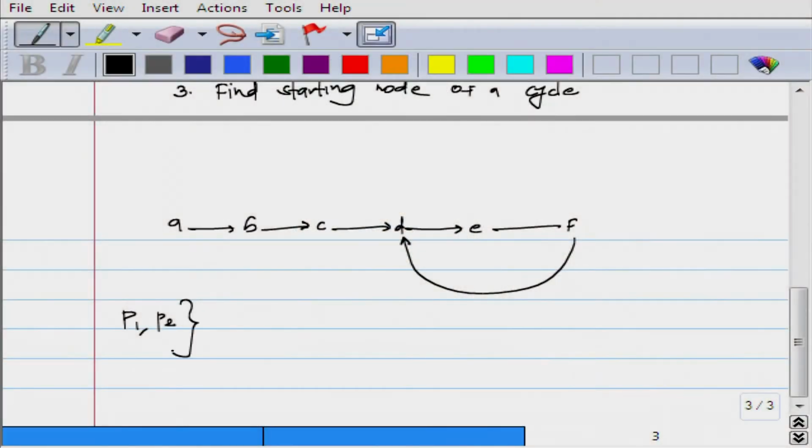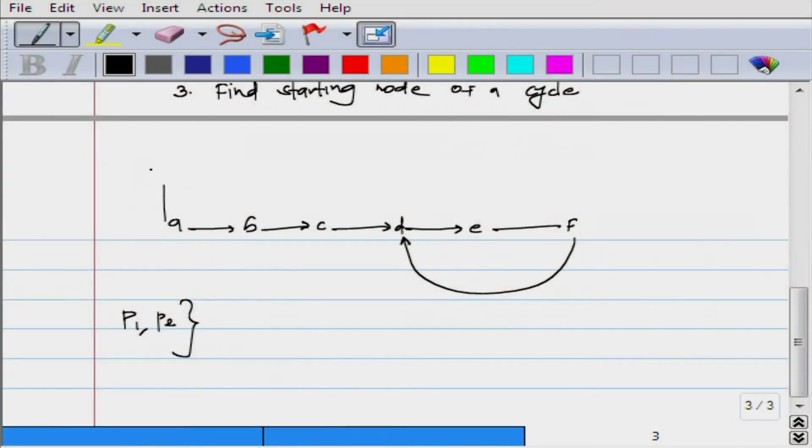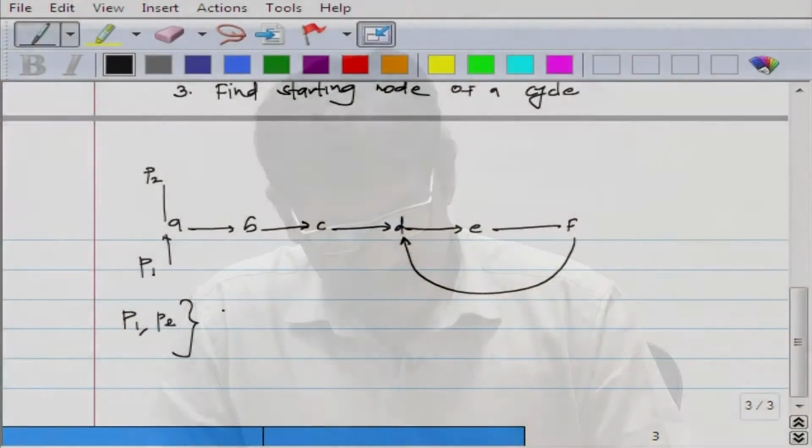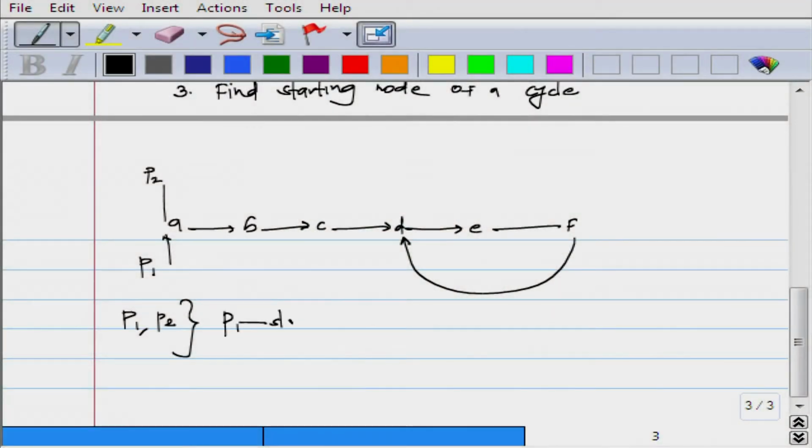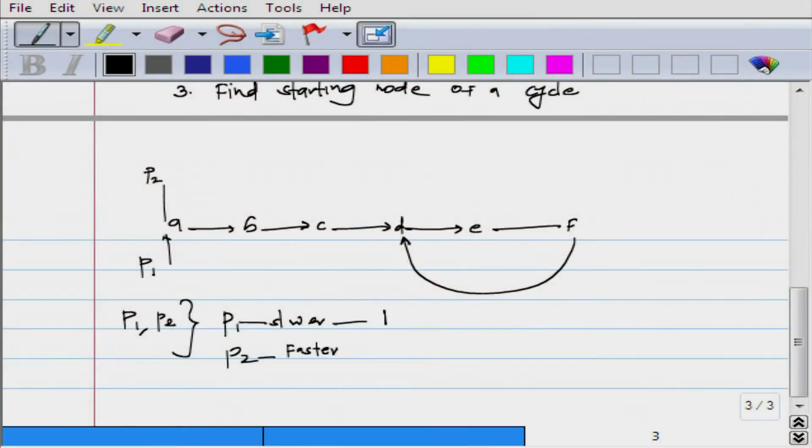First of all, they are both pointing to the first node, A, the starting node. P1 is a slower pointer and P2 is a faster pointer. P1 increments by 1, and P2 increments by 2.